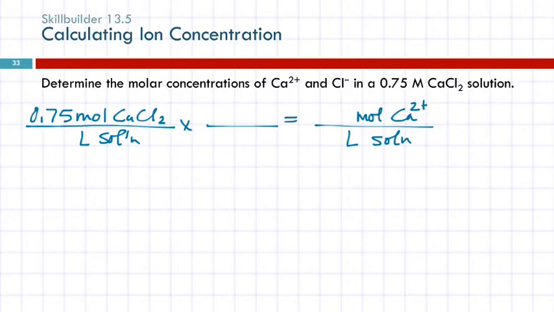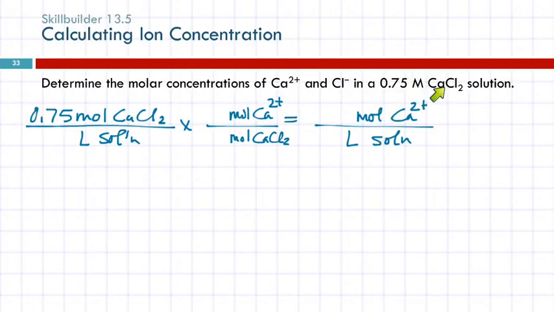The conversion factor here actually comes from the formula. I need moles of calcium ions per mole of the whole thing, calcium chloride. I have moles of calcium chloride per liter of solution. I want moles of calcium ion per liter of solution.